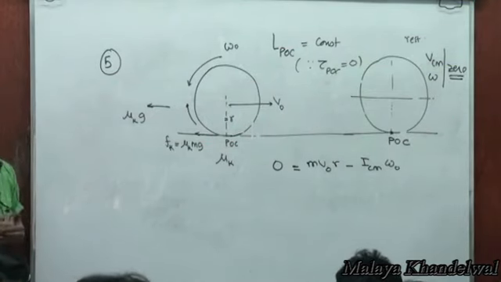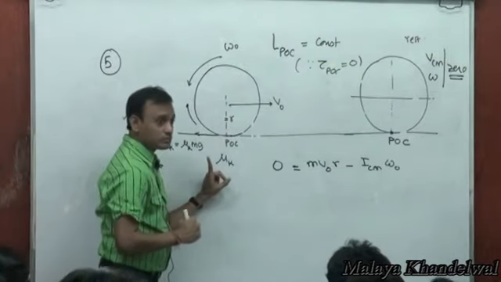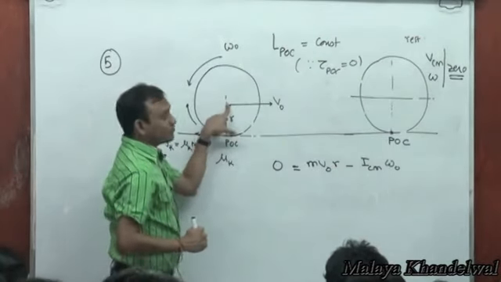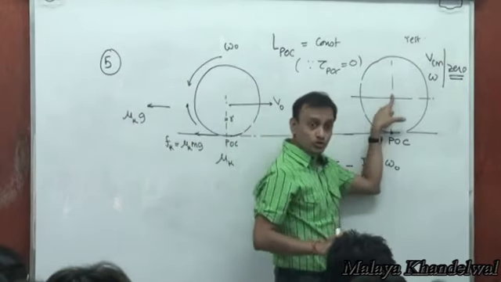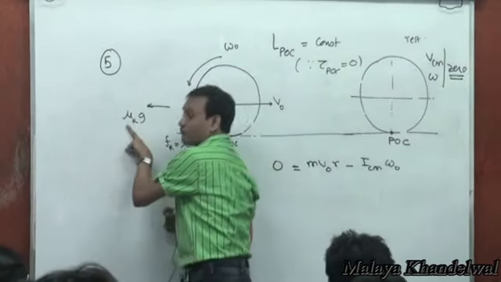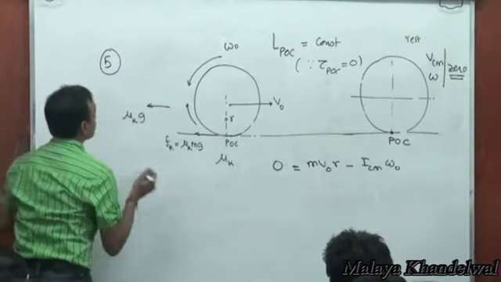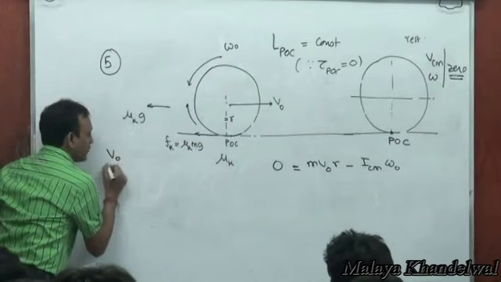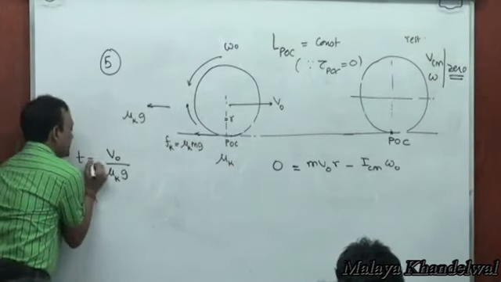And obviously then the time taken for the center of mass of the sphere to go from V naught to 0 under the influence of a retarding acceleration mu k g is going to be what? V naught divided by mu k g. That's going to be the time taken. Yes or no?